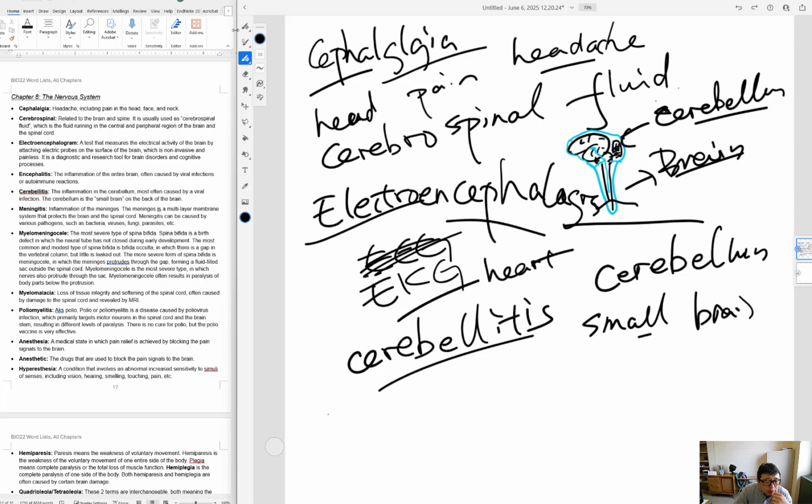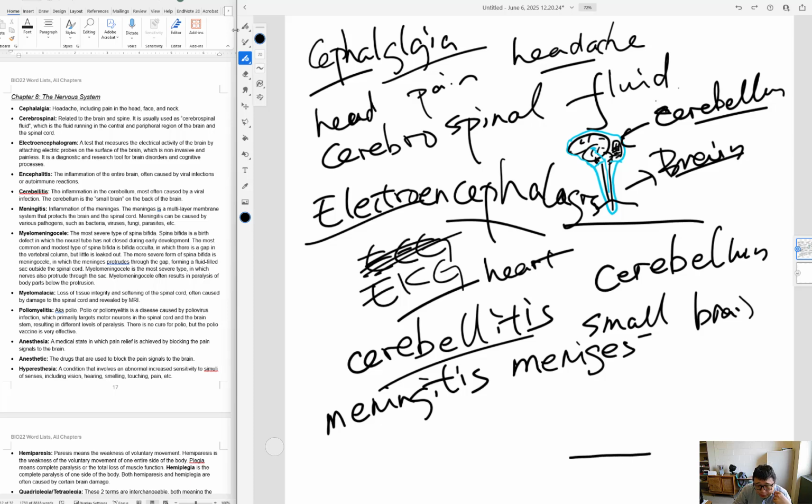Okay, meningitis. Let's use this one first. Meningitis is inflammation of the meninges. So what is meninges? Meninges are the three layers that the brain and spinal cord each have.